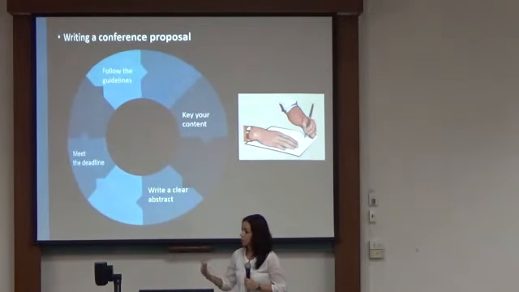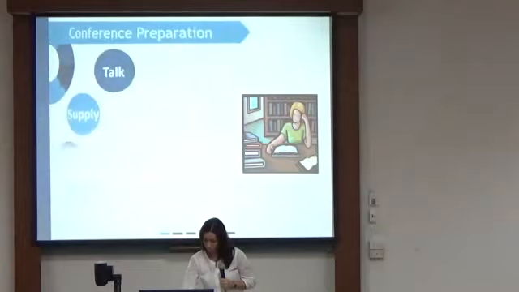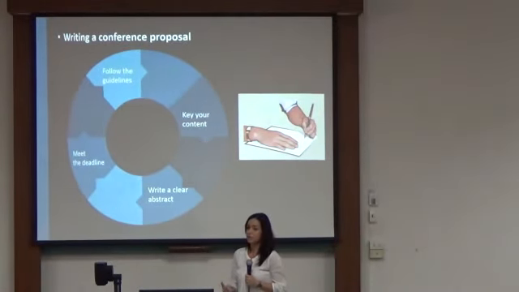Whatever it is, you have to follow that format. And you have to put the content clearly. You have to use a proper title for it, and you have to write a clear abstract so people can understand what your topic is about before reading your study.